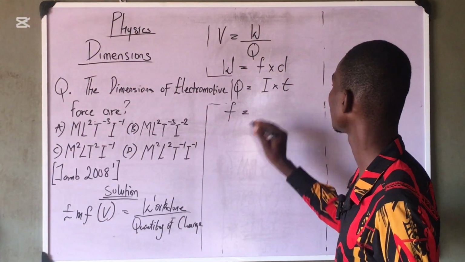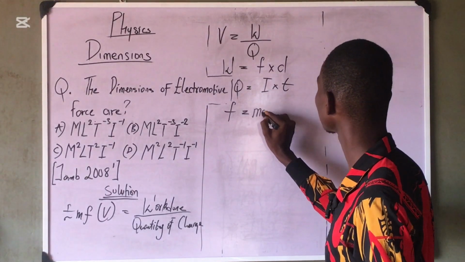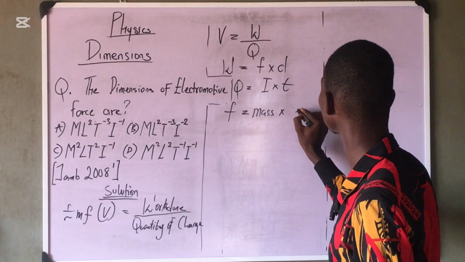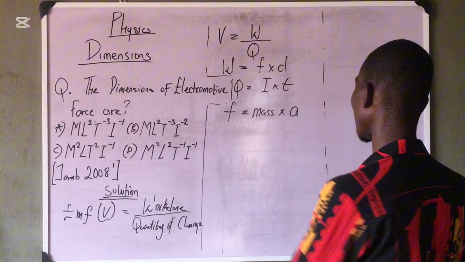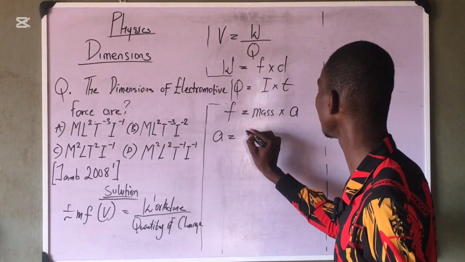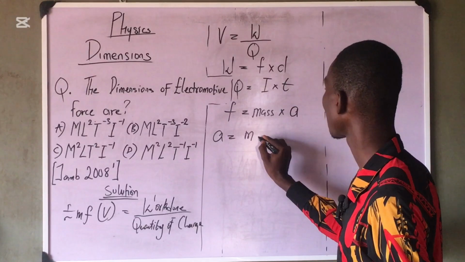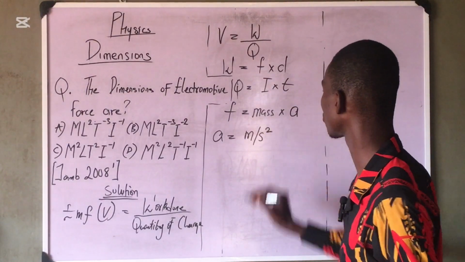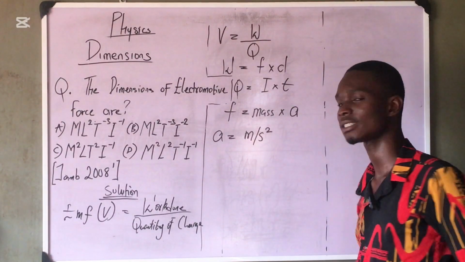Force is mass times acceleration. Let me have it as A. But when you come to acceleration, it is meter per second square. You are aware of this.